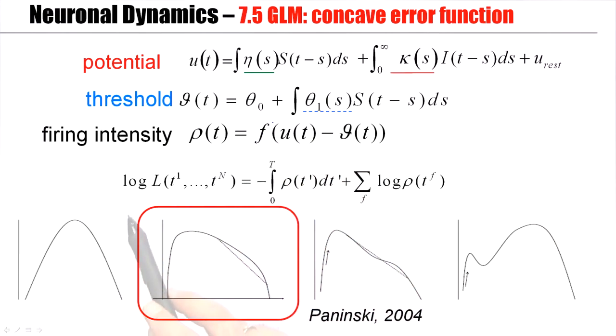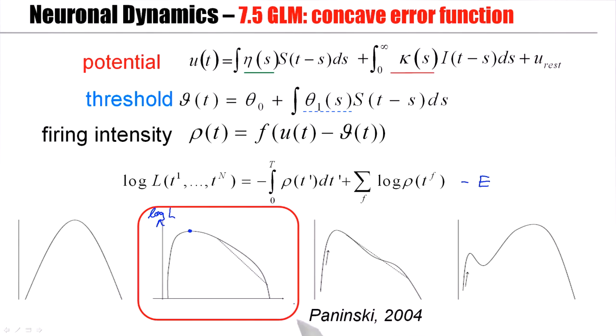Now, if I look at the log likelihood, then it's just the error function with the minus sign. So in fact, I just took the graphs on the previous slide and flipped them around. And so it's now finding a maximum rather than a minimum, if you plot here the log likelihood.